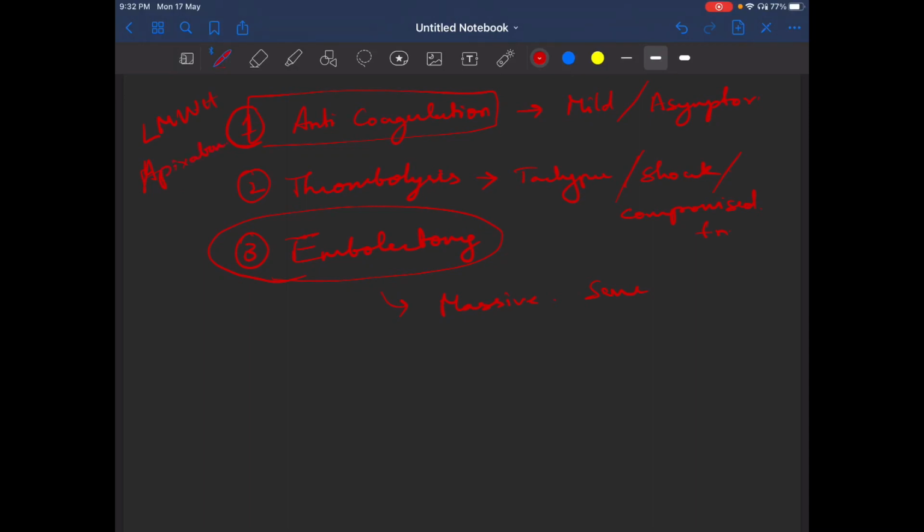Usually what we do is we give first the injectables for 1 week or mostly 5 days, then shift to oral anticoagulants like apixaban. This dose of apixaban will be 0.25 mg BD usually, and the INR should be maintained between 2 to 3.